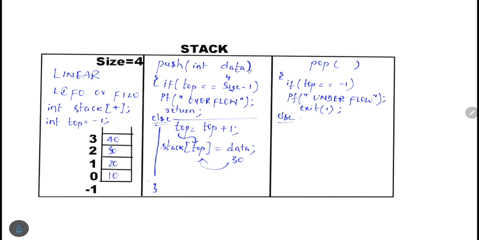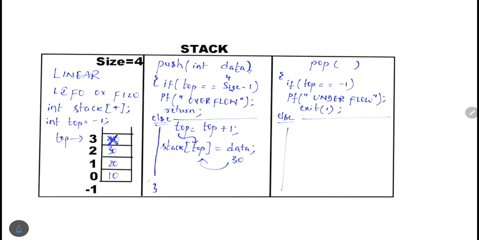Again, we go to the else block. Currently top is pointing to index position 3 because all the data elements inside the stack have been filled. I want to remove the topmost element because I have called the pop function, so this 40 will be removed.